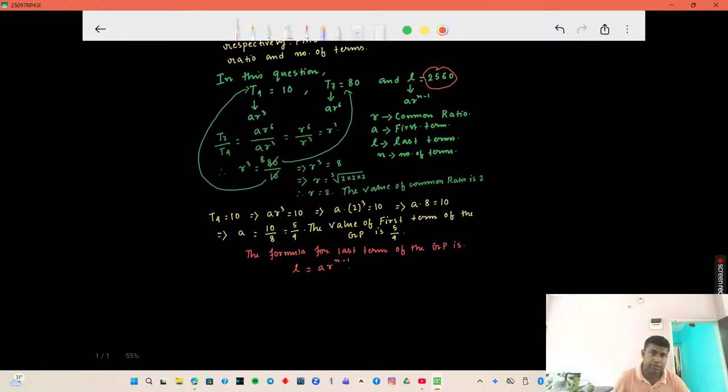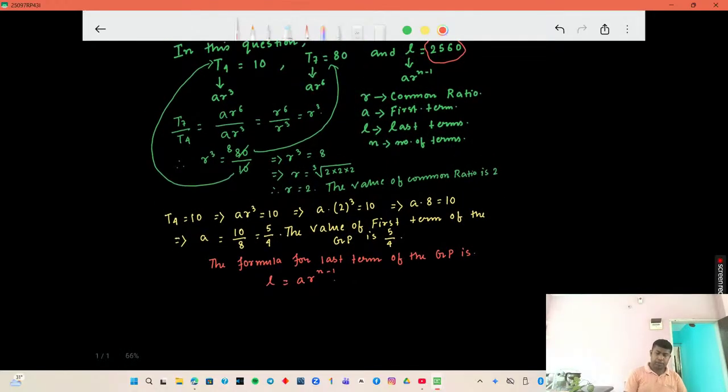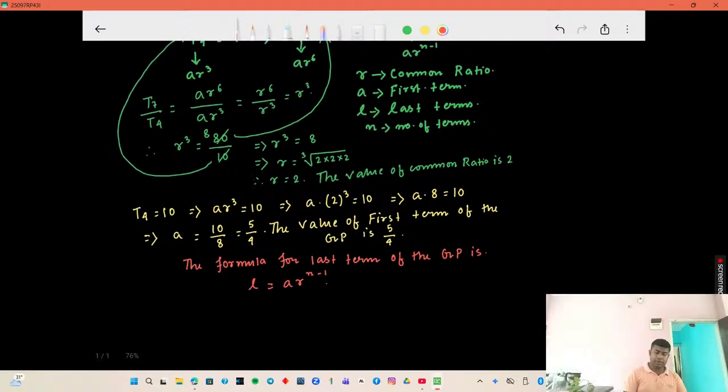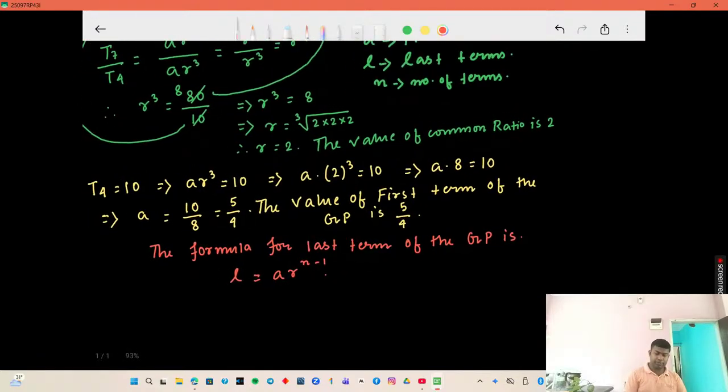So we will just put the values of L, A, and R in this equation and find the value of the number of terms. Is it clear to you? So let me solve now. What is the value of L given?